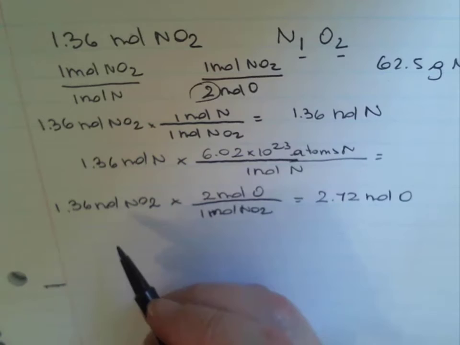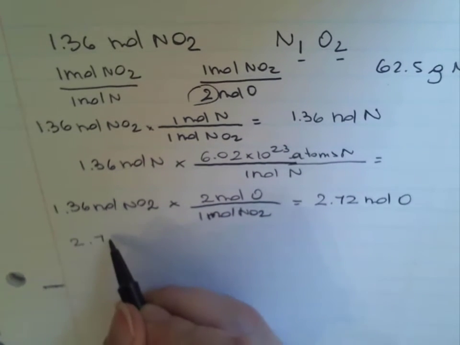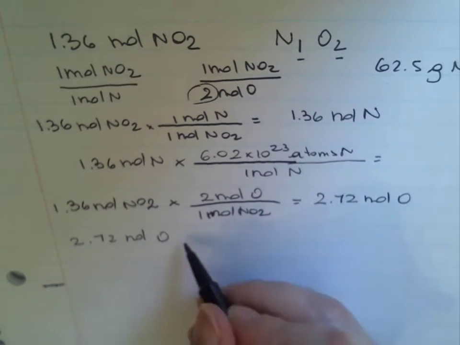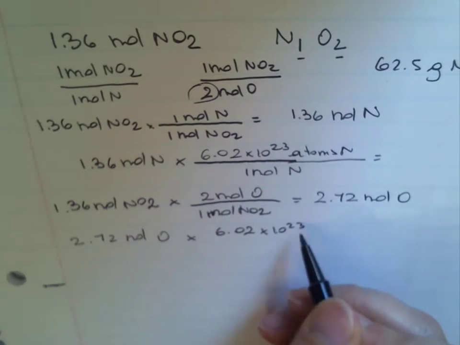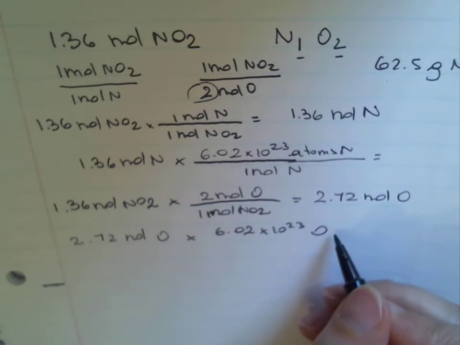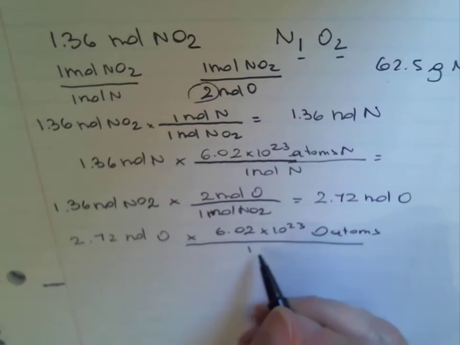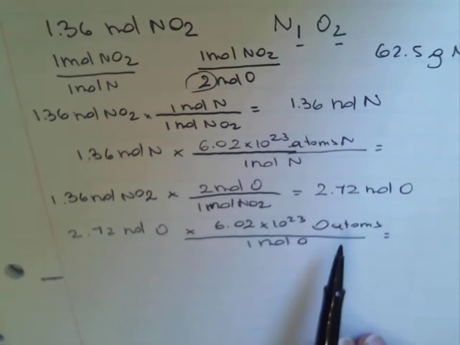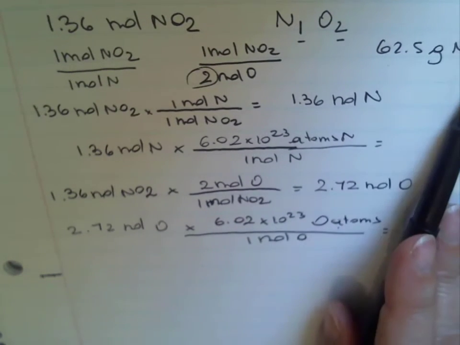And we can then multiply that 2.72 moles of oxygen times 6.022 times 10 to the 23 oxygen atoms divided by 1 mole of oxygen. And this will give us the number of oxygen atoms in 62.5 grams of NO2.